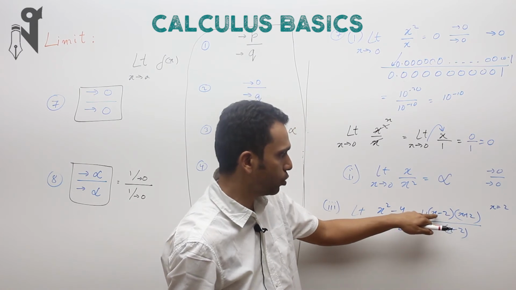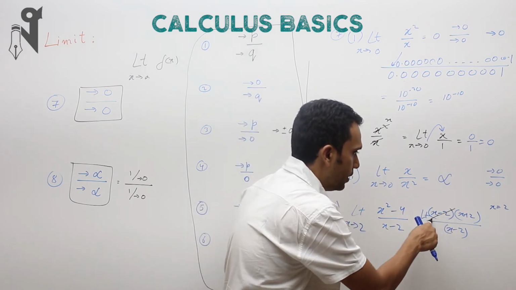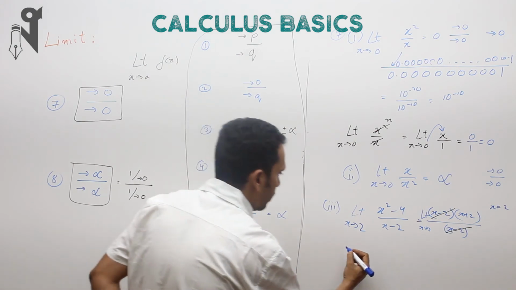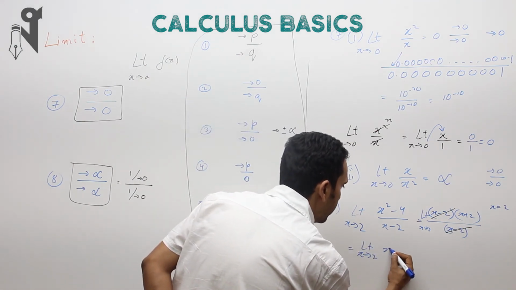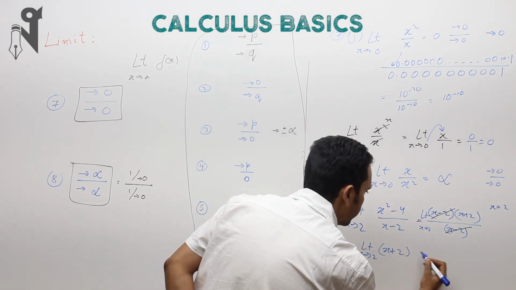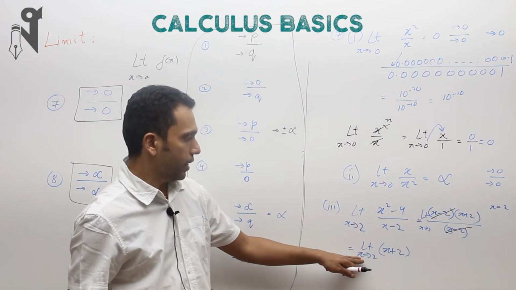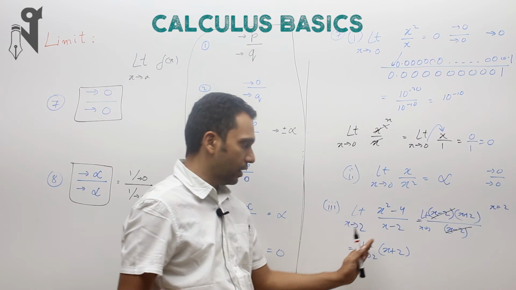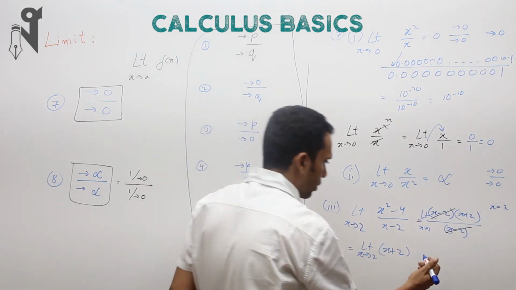However close to 0 it is, this number is exactly the same as that number, and since they are not zeros, we can cancel them, and what we are left with is limit x tending to 2 of x plus 2, and this is not a problem at hand at all. So when x is almost equal to 2, this number will be almost equal to 4. Whether it is a left hand limit or right hand limit, the answer will be almost equal to 4 from the left hand side or the right hand side.